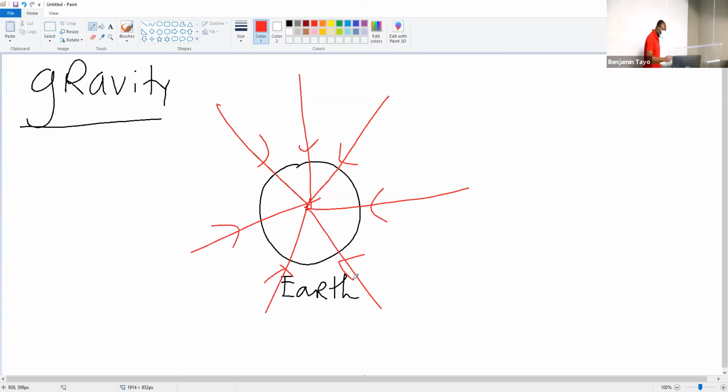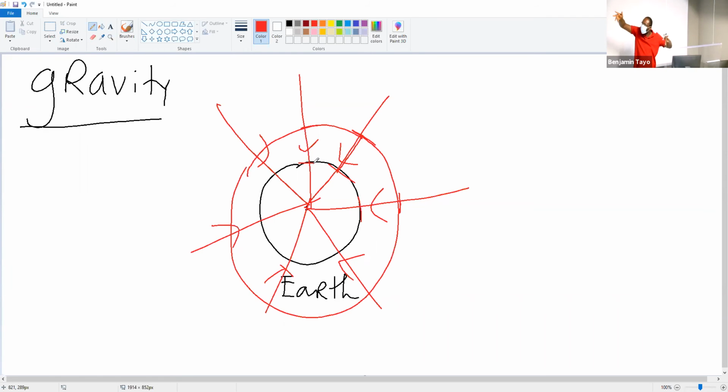And the reason is because, for example, if I maintain the same distance, for example, if the height from here to here is the same as the height from here to here, the same as the height from here to here, I get the same magnitude of the force all over, right?